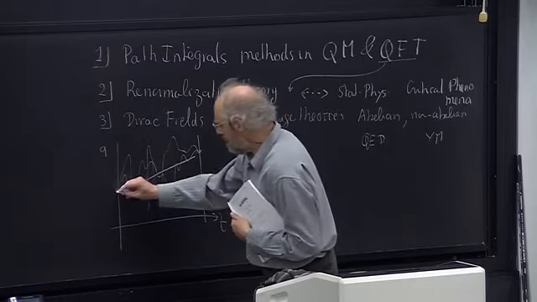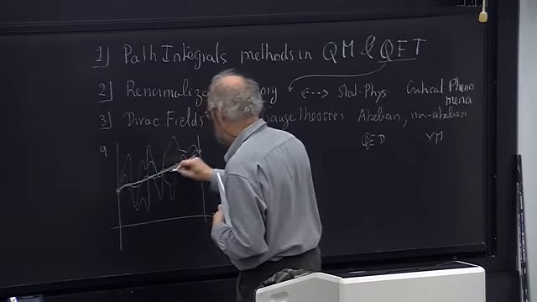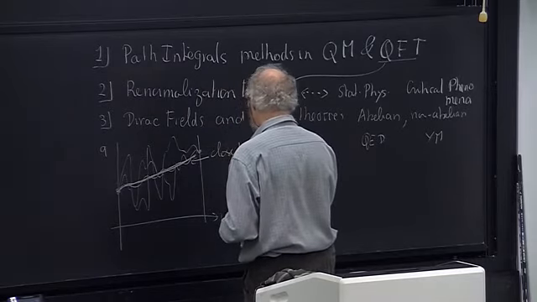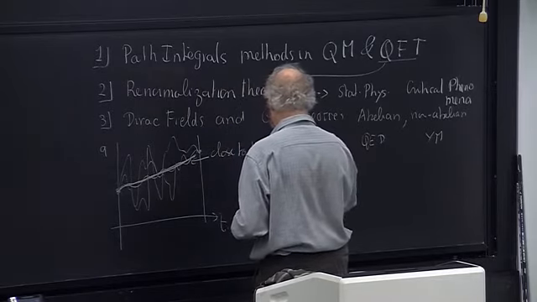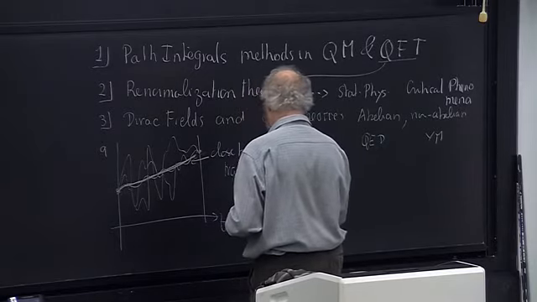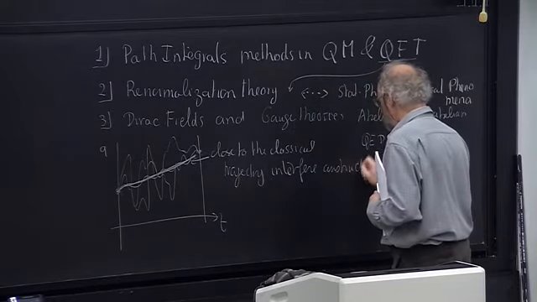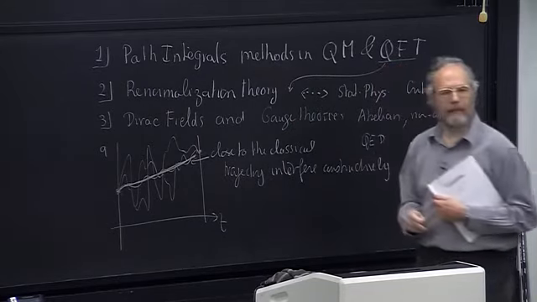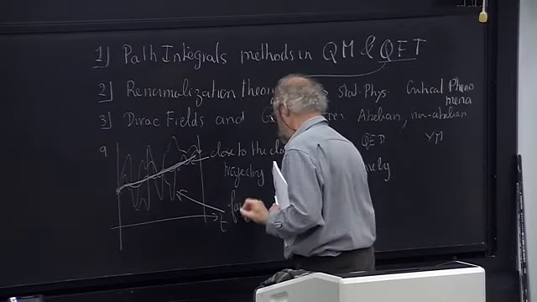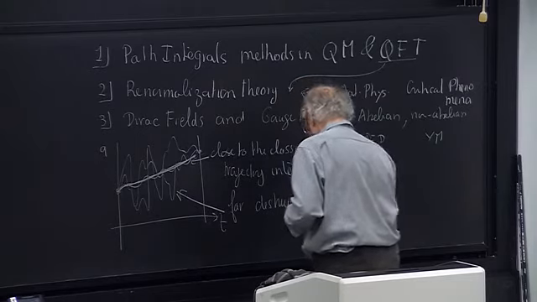It turns out that the trajectories that are close to the classical trajectory interfere constructively, and those which are far interfere destructively.